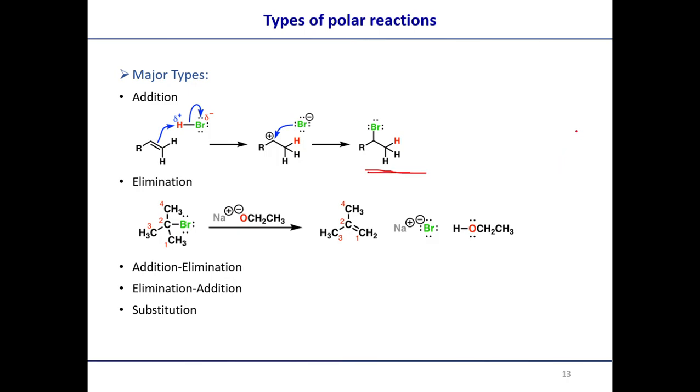Then the next one is the elimination reaction. As the name suggests, we are eliminating some atoms to get the corresponding product. So here elimination is taking place, correct? You can see here we have this reactant, and this will attack, because we have sodium here and this is a negative charge.